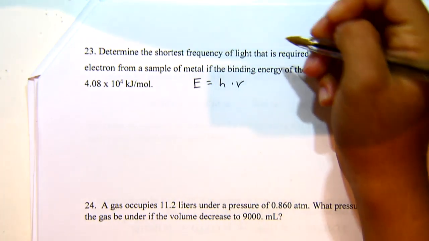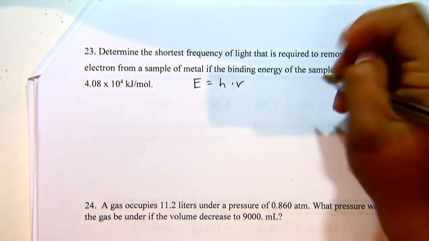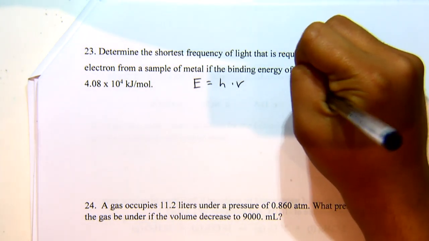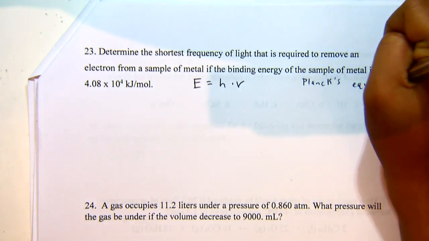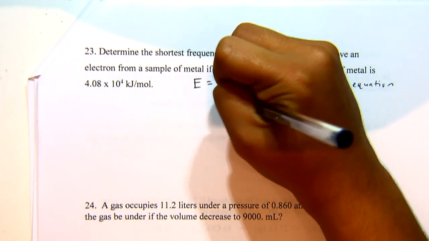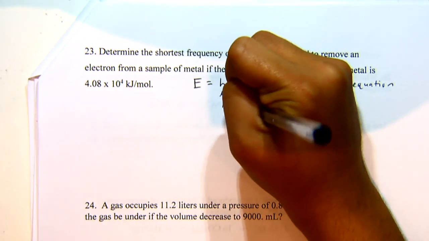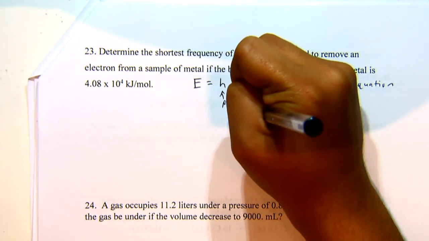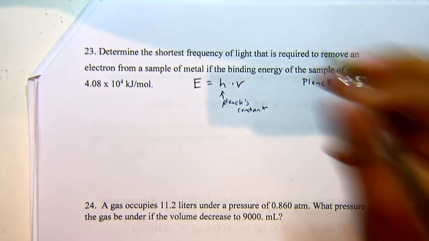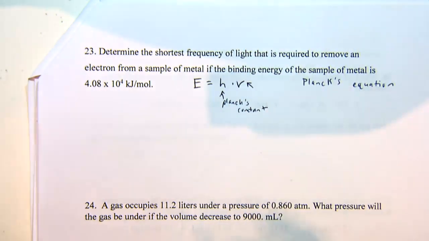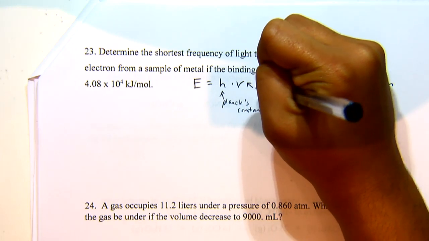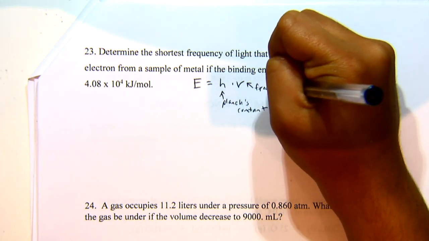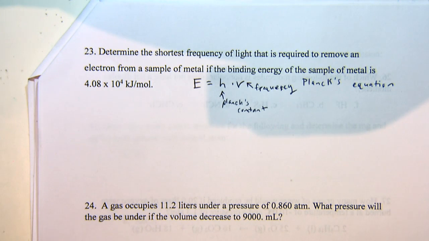And this equation is Planck's equation, where h is going to be our Planck's constant, and v is going to be our frequency. That's a weird looking v, but this is frequency more than anything. And E equals energy.